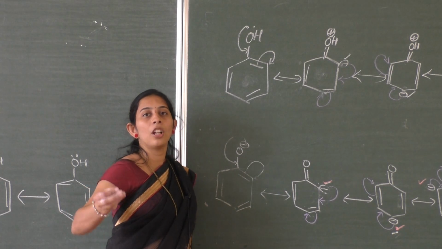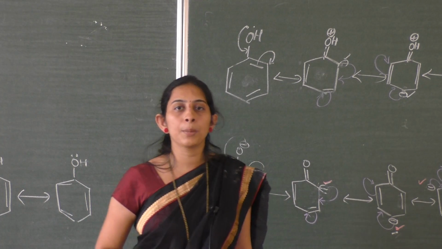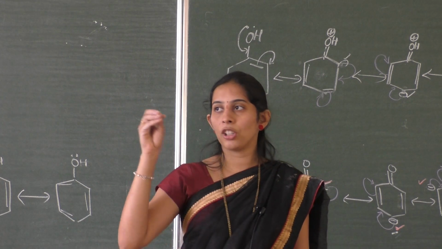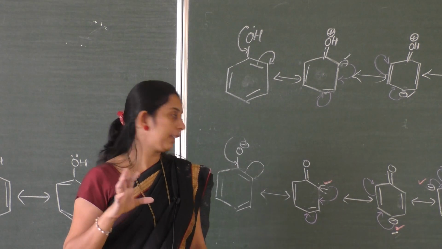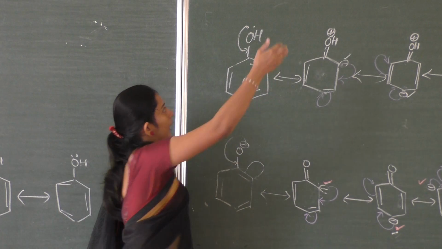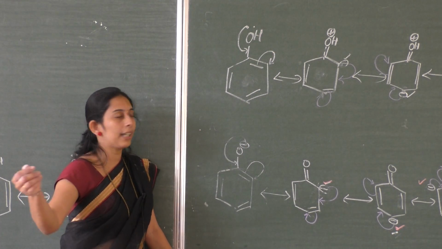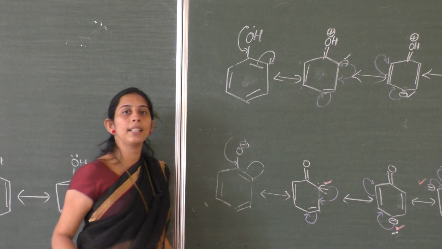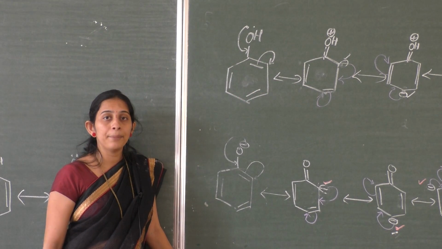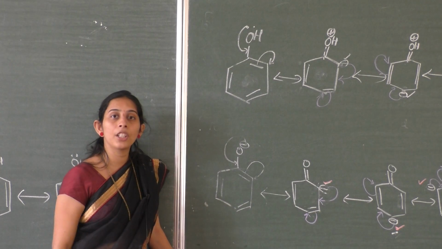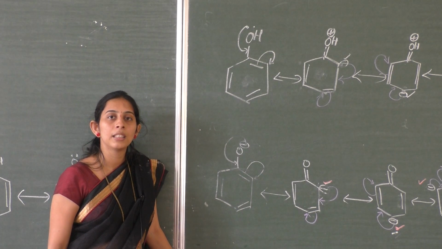Imagine an electron withdrawing nitro group is present. The attacking of a nitro group to the benzene ring takes place. At that time, to which position does that electron withdrawing group come and attach?